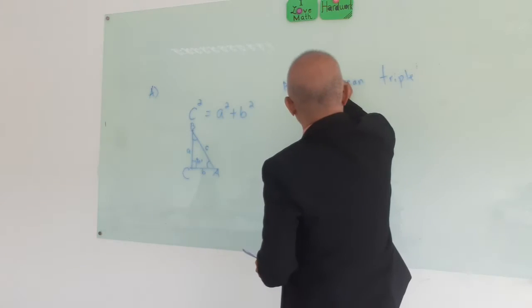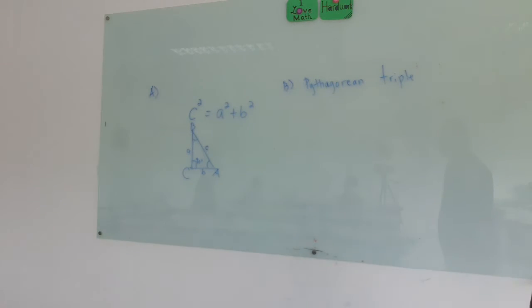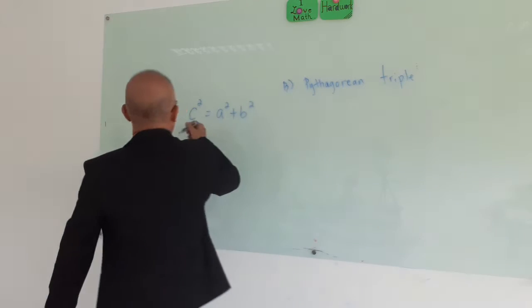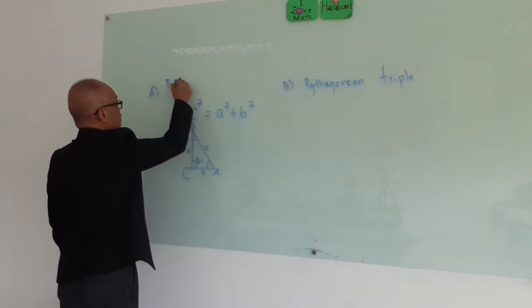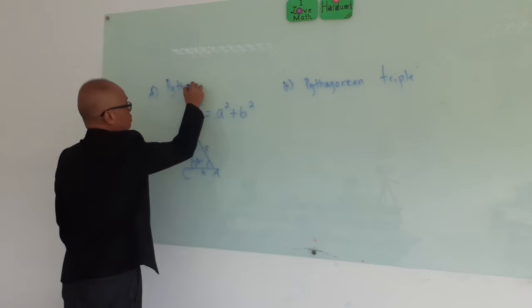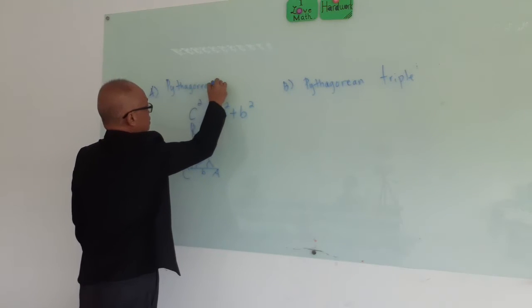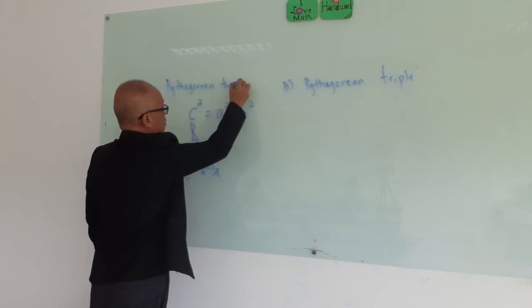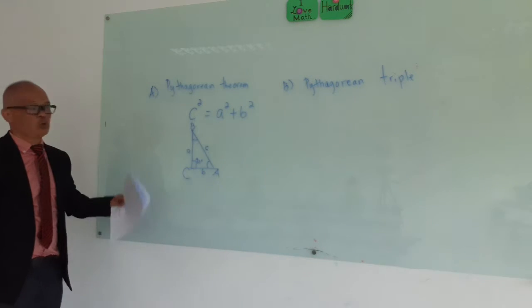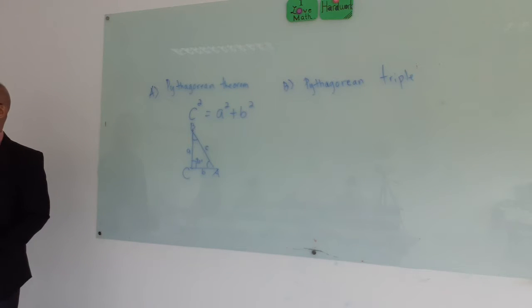So this is the Pythagorean theorem. Our previous lesson, Pythagoras. So who was Pythagoras? If you remember yesterday, he was the father of science and math. Yes, and he was the father of numbers.